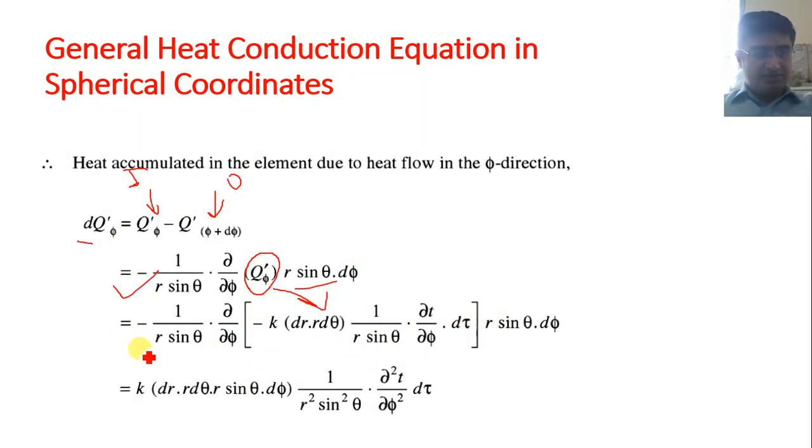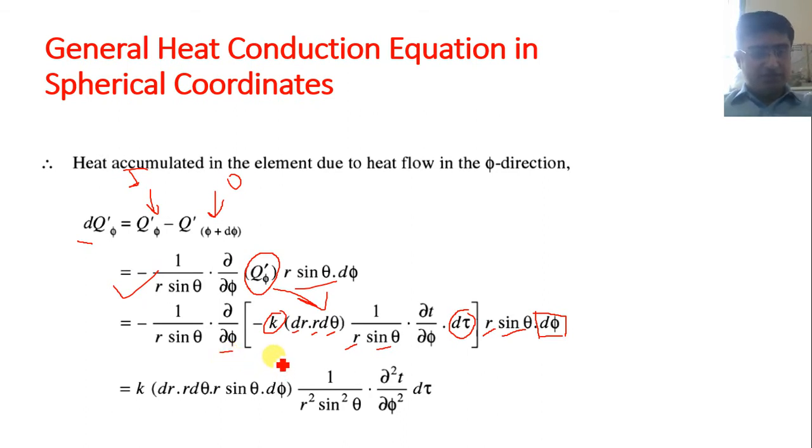Now with respect to phi, the value of k is constant, dr is constant, r is constant, theta is constant, sin theta is constant, d tau is also constant, and d phi is also constant, because d phi is the thickness. So you can see the thickness is constant with respect to the phi direction.